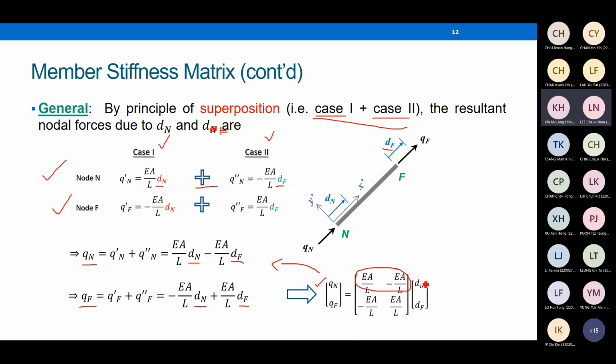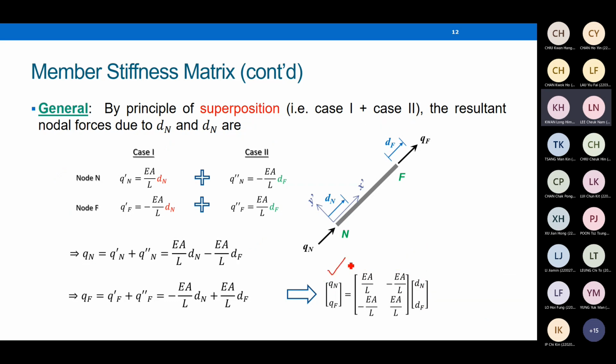This row times this column vector gives you back the first equation, right? Don't be scared by matrix. A matrix actually means a collection of a set of equations. By doing so, you can apply matrix algebra concepts to solve the problems and make the calculation easier.